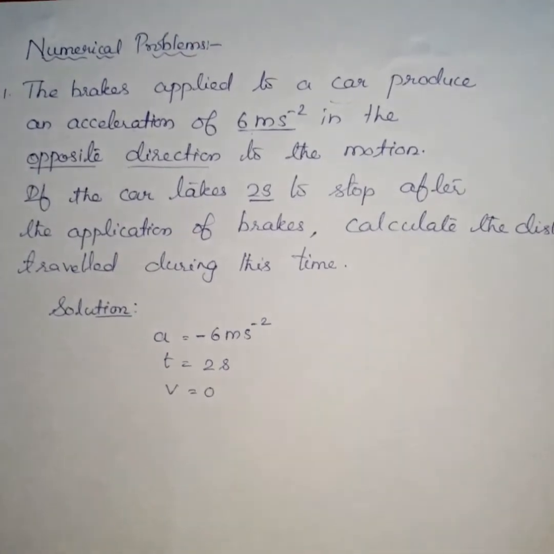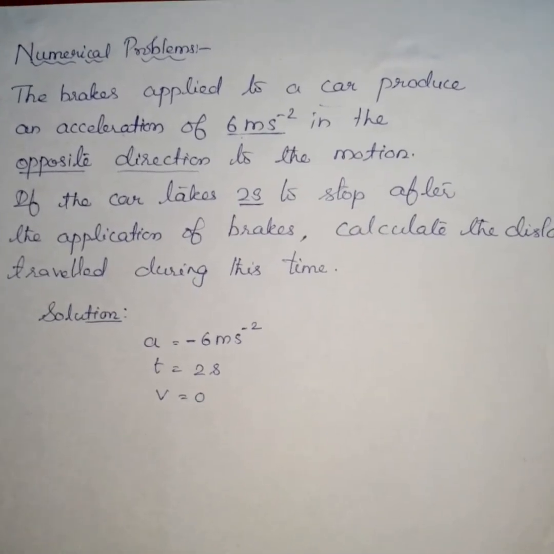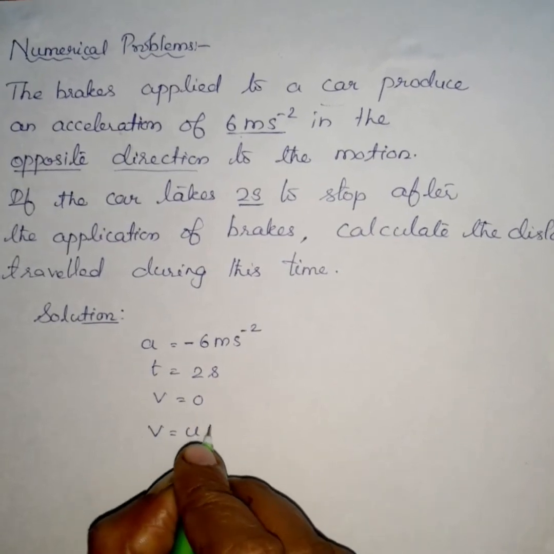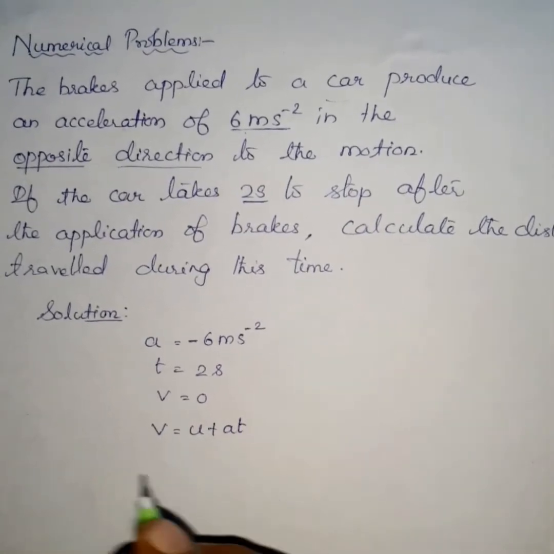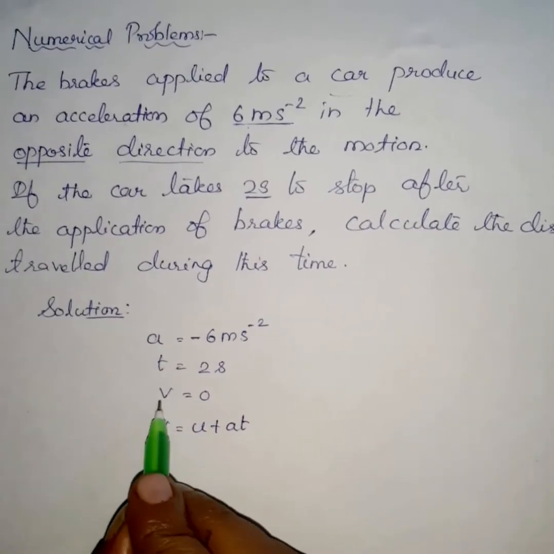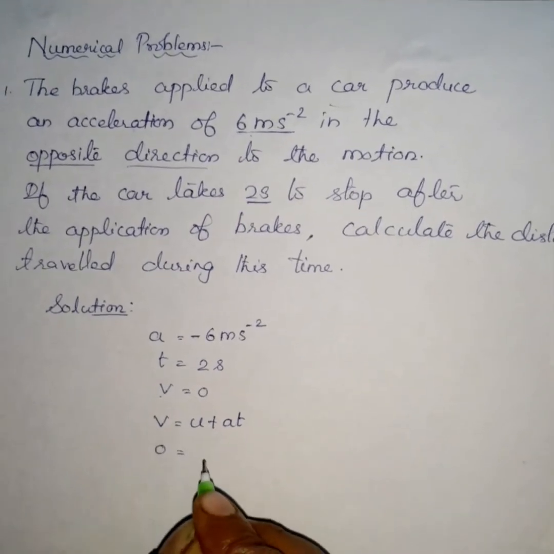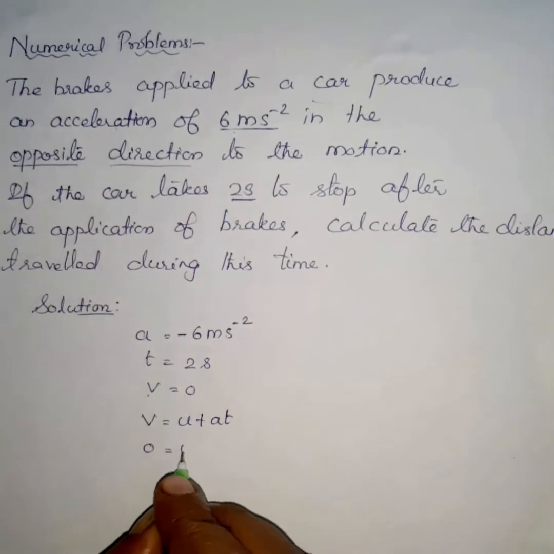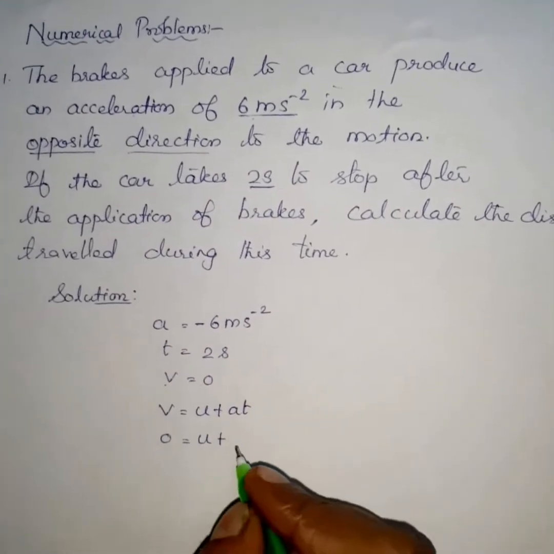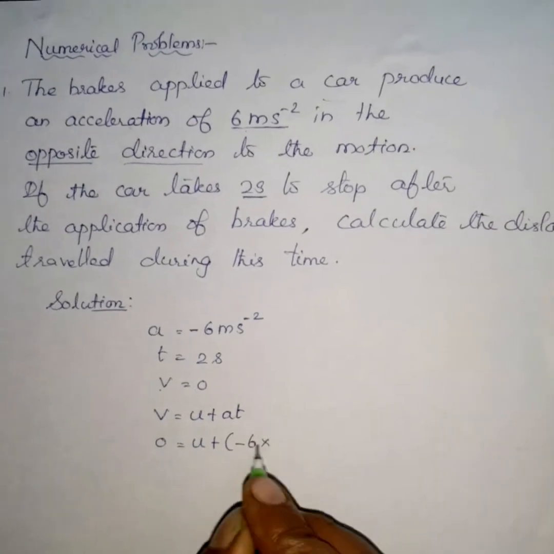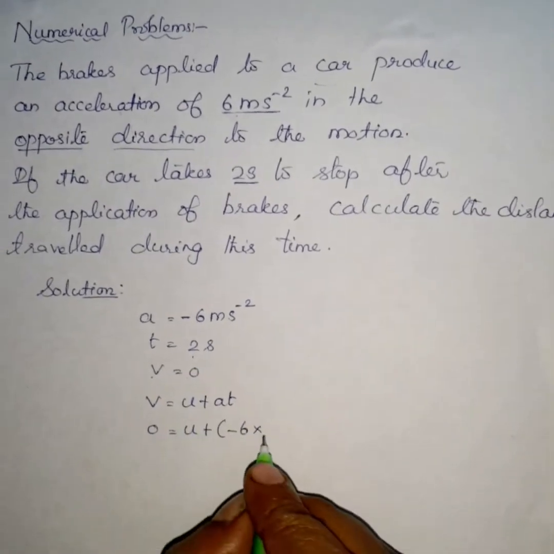Okay. Here from the equations of motion, the first formula, v is equal to u plus at. Here the final velocity is 0. So 0 equal to the initial velocity u plus a, which is minus 6, into time, which is 2 seconds.